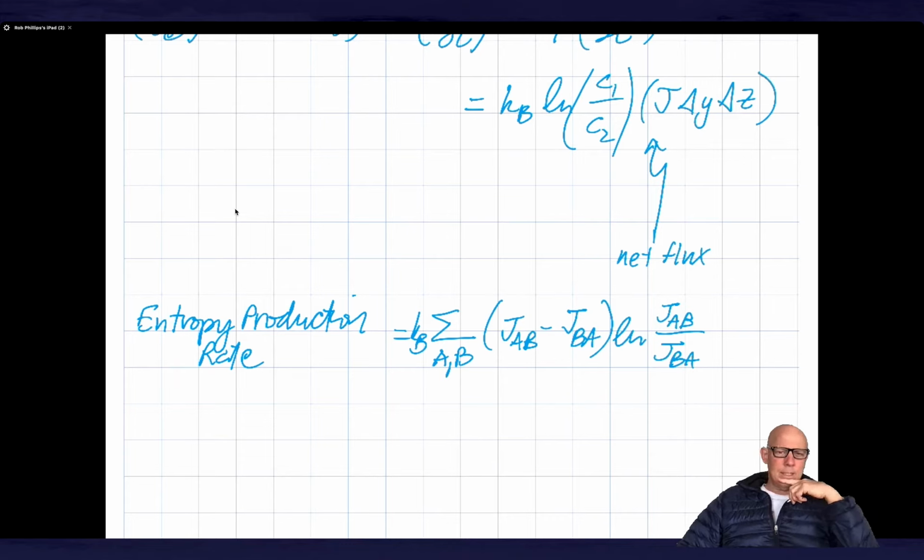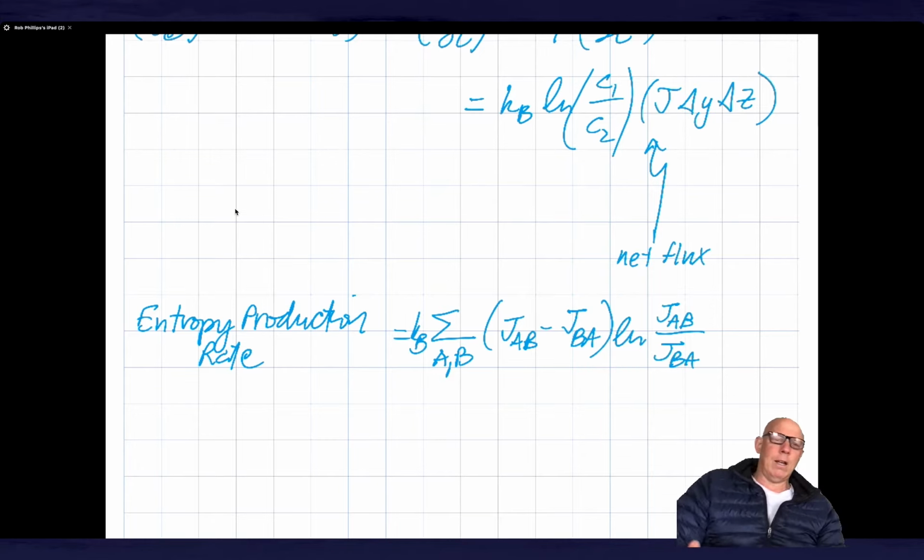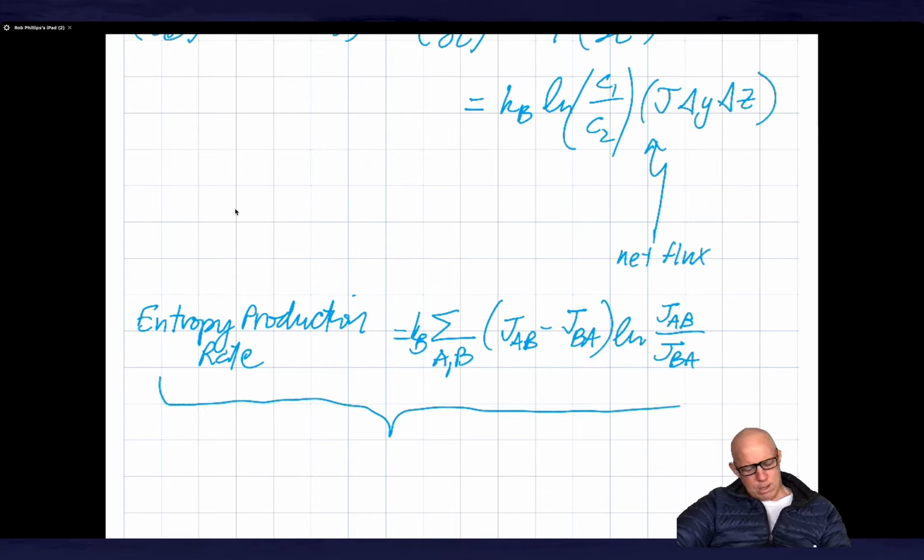Note that this thing is going to be greater than 0. The reason I say that is let's look at the case where J_AB is greater than J_BA. Then the thing in parentheses is going to be greater than 0, as is the log. And vice versa. If J_BA is greater than J_AB, then the thing in parentheses will be negative. But then I will have log of a fraction, and that will be negative as well, and so I still get a net positive. So this is a general statement, and I will want to use it.